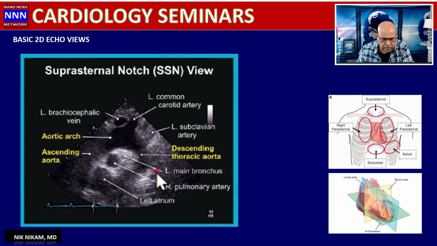Okay, this is the suprasternal notch. Here we take a special probe, which is like a small rounded one with a long stick. It's called the PEDOF probe. We put that right here in the suprasternal notch and direct it towards the aorta. And here is the aortic arch. We can see the ascending and the descending thoracic aorta.